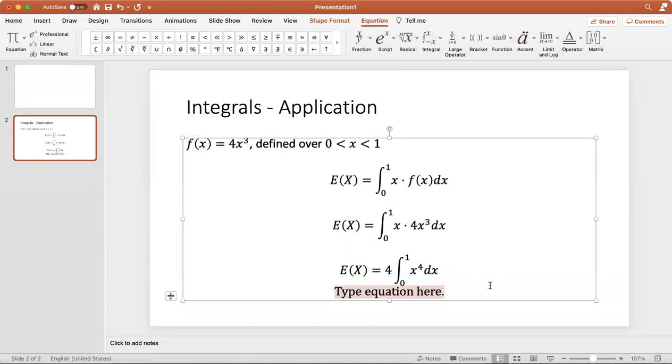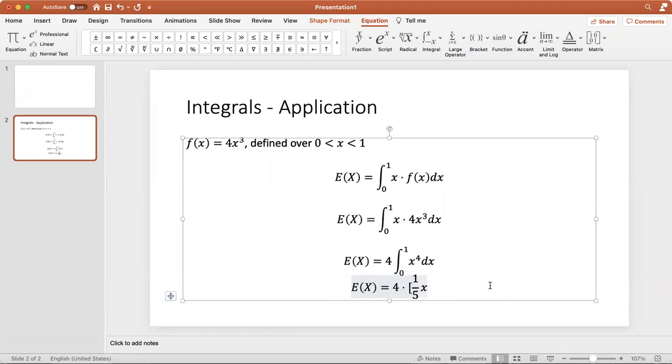So here, E of x would be equal to 4 times 1 over 5 x to the fifth, evaluated between 0 and 1. And if you check, you just take the derivative of this 1/5 x to the fifth with respect to x, and you will get the original function, which is x to the fourth, because the 5 cancels out.